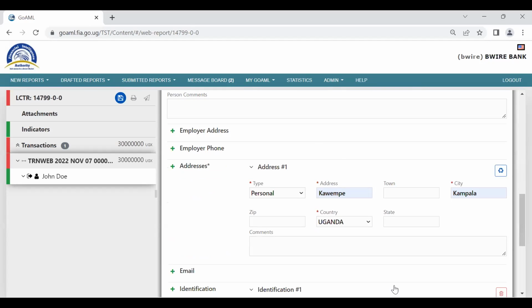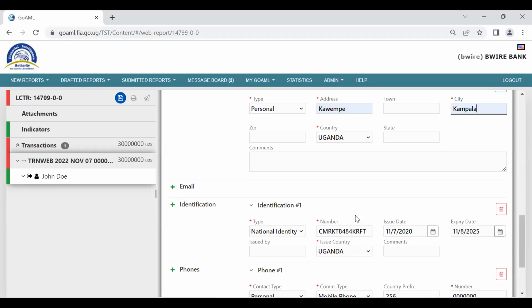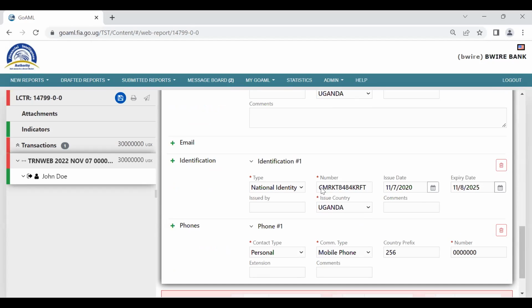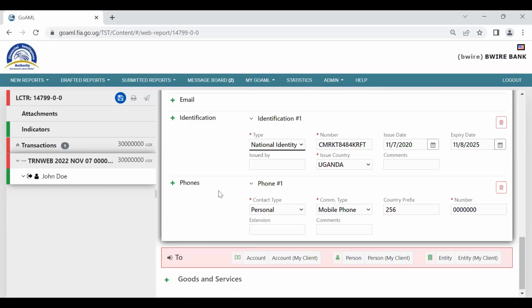We have the address details. For identification, if you have national ID details, you can include them there, or if it is a driving permit or passport details. This is just to know the issue date, expiry date, issue country, etc. And the phone details. Any questions there?